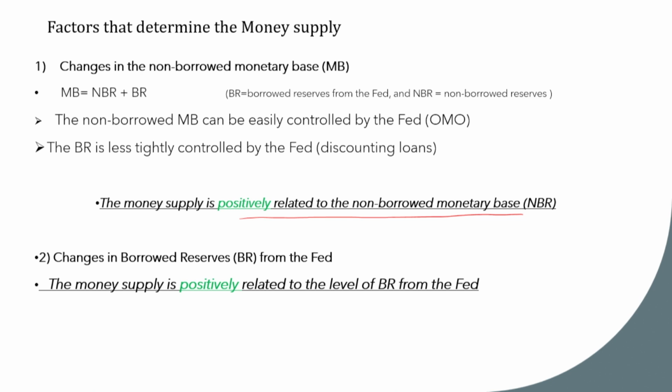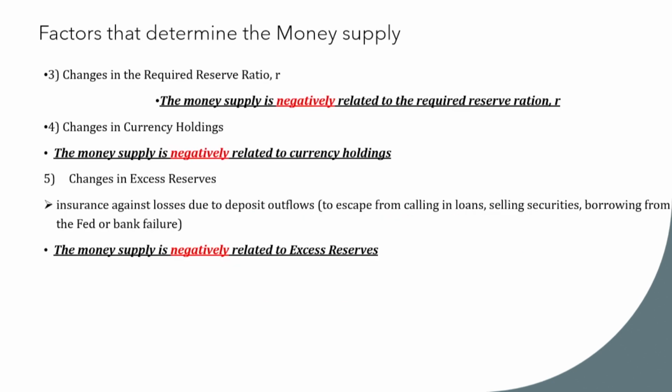Similarly, if a commercial bank borrows from the central bank, that is the borrowed reserve, then the reserve with the banking system increases, and from there the expansion of deposits takes place. Here the money supply is positively related to the level of borrowed reserve from the Fed.